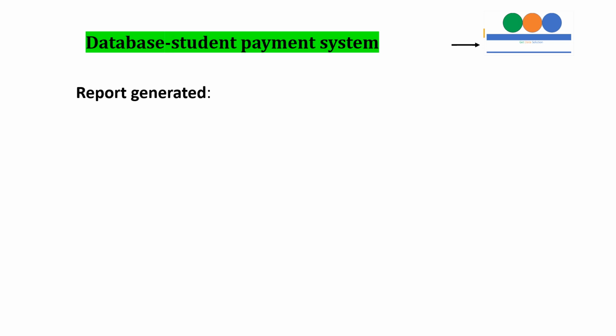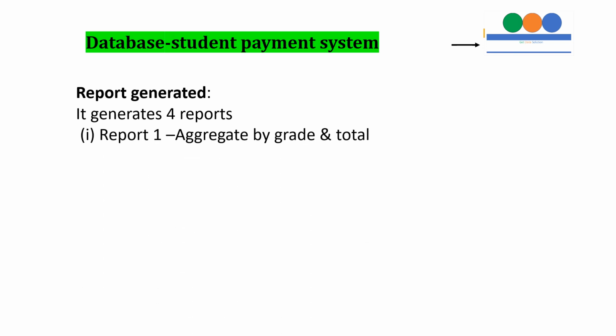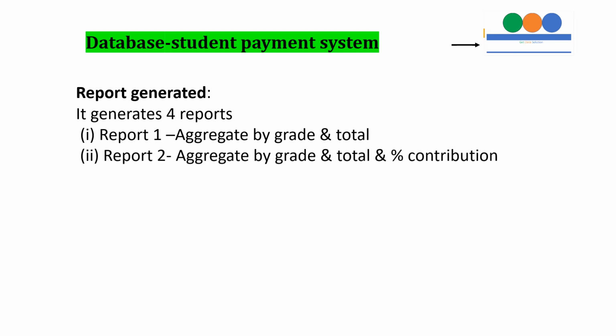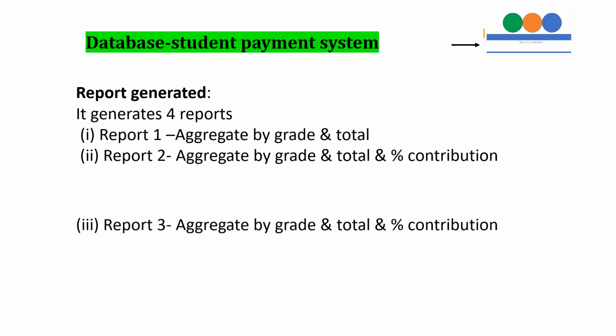In terms of the reports generated, it generates 4 reports. The first, report 1, shows aggregate by grade and total. The second, report number 2, generates aggregate by grade and total as well as the percentage contribution of each grade.